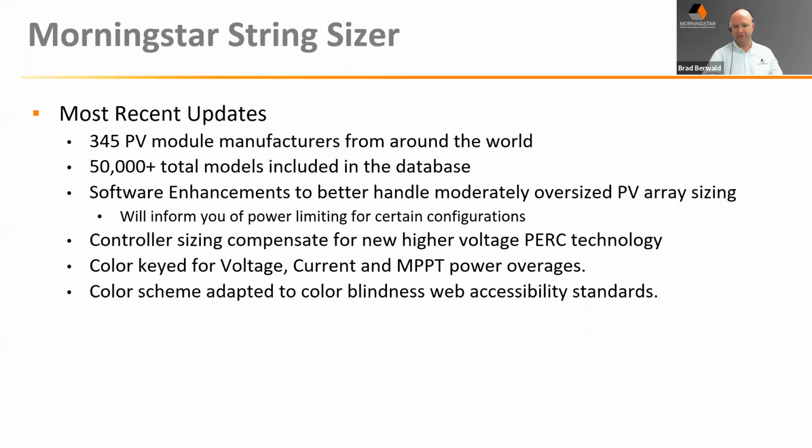We made a lot of software enhancements to accommodate, first, oversizing of the array. As I said earlier, it's now a very standard practice, even in off-grid, not just grid-tie, for customers to put 20 or even 30% more wattage on the array than the charge controller is capable of handling, so that the controller is running closer to full capacity more of the day, which just leads to better results in terms of autonomy and reliability.